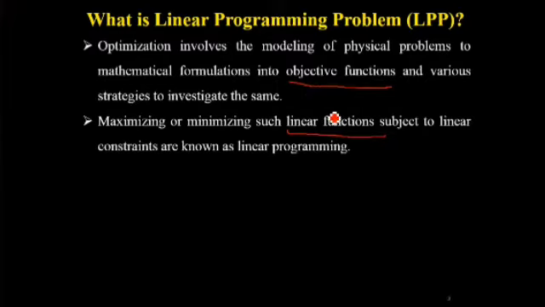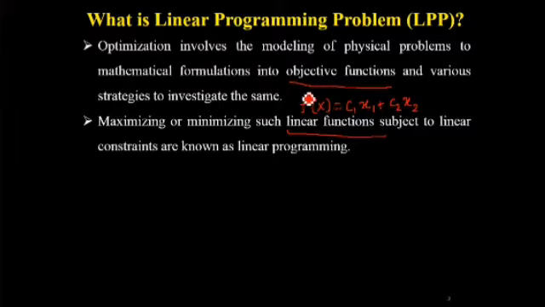Now, as I briefly introduced in the last class, we will get one objective function such as f of x, and this will be written as some constant c1 times variable x1 plus c2 times variable x2.